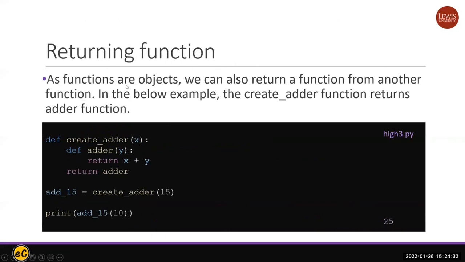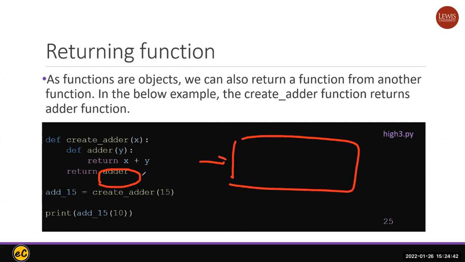And you can return a function. So here the function is a return type. You have a creator, and you put x as a parameter and create an adder function that is being returned.